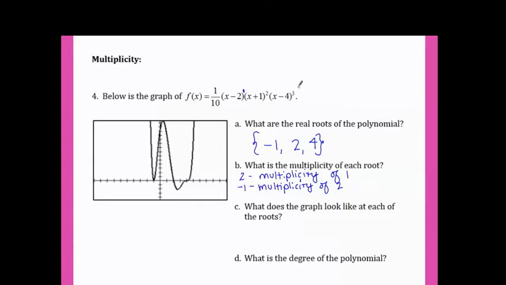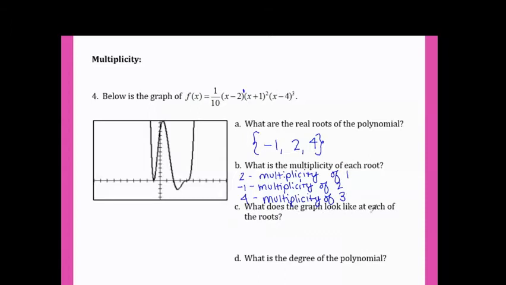And 4, the factor with the 4 had an exponent of 3, so 4 has a multiplicity of 3. Multiplicity just technically means that this root comes up more than once, or twice, or 3 times.